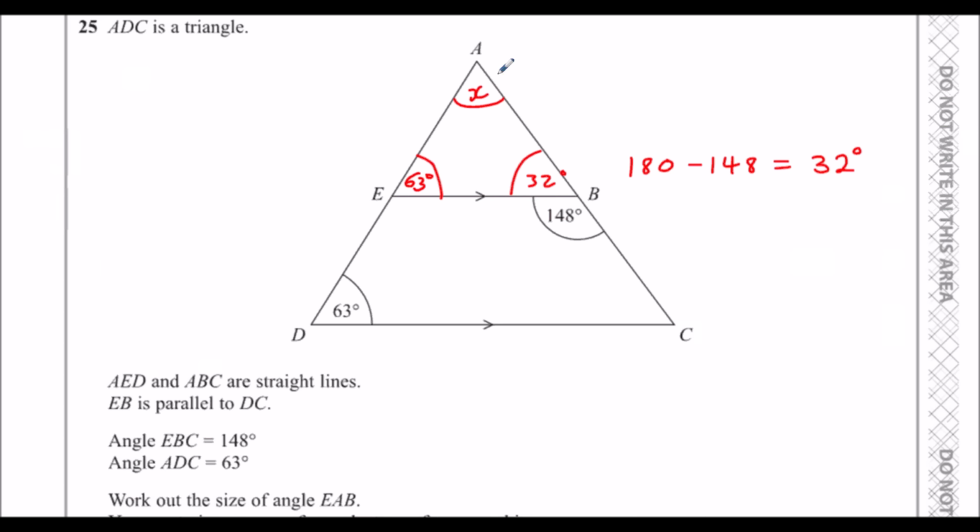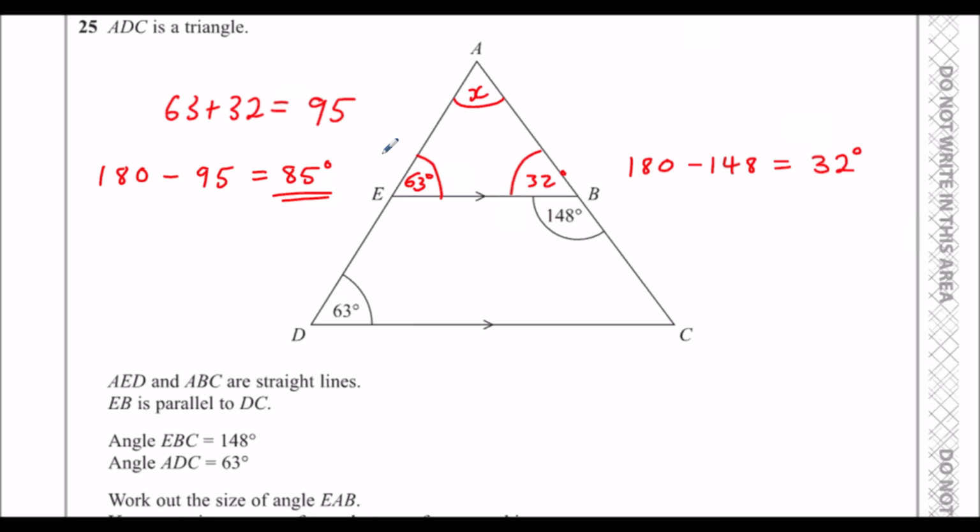Now we've got a triangle, AEB. Angles in a triangle add up to 180 degrees again. So we've got 63 and 32, which is 95. 180 take away 95 is 85.